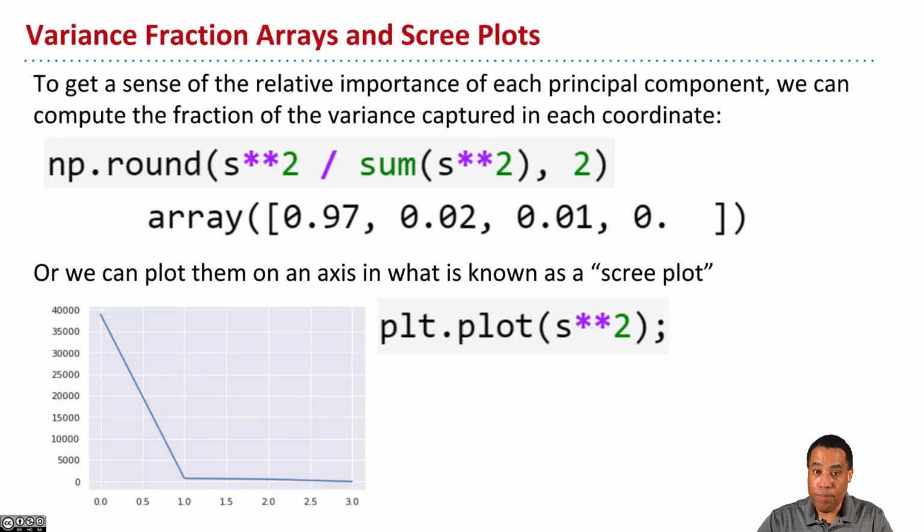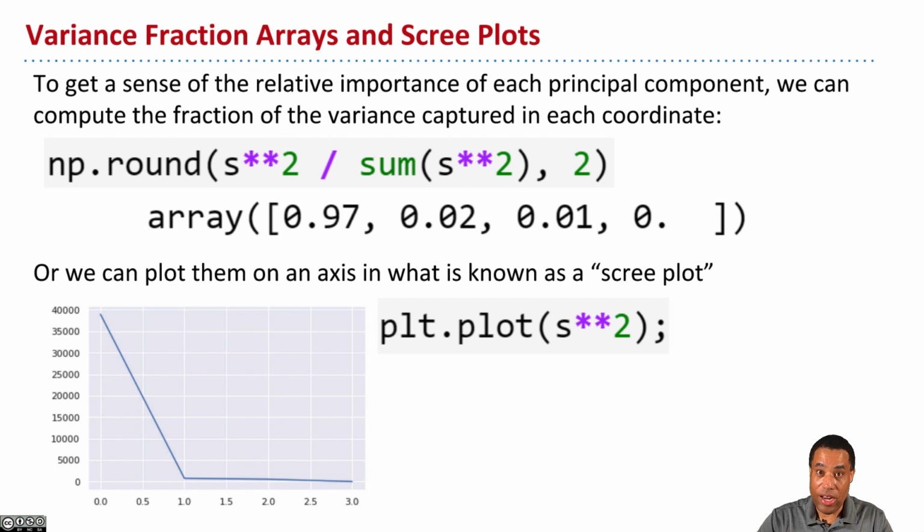If we do that, we end up with an array that says 97% of the variance is captured in our first principal component, 2% is captured in our second principal component, 1% in the third, and nothing for our fourth.